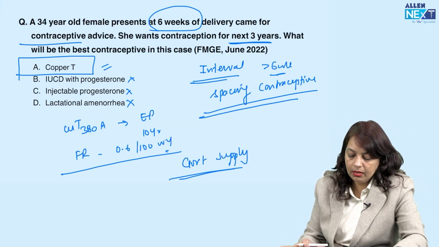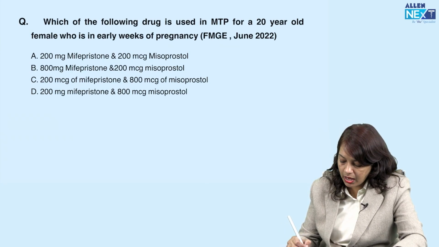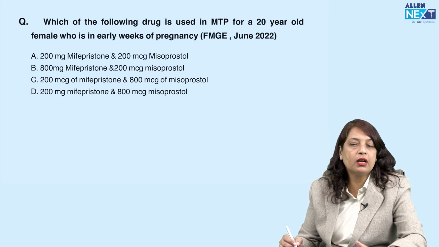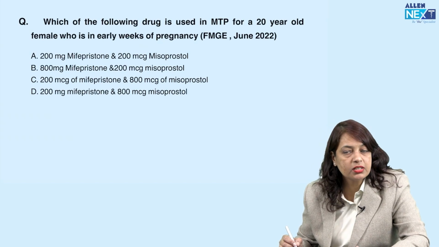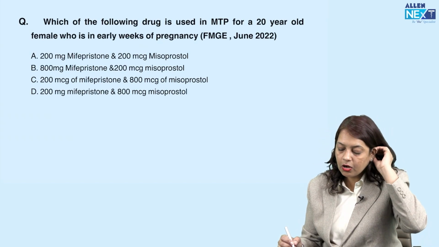Okay. Next, which of the following drugs is used in MTP for a 20-year-old female who is in early weeks of pregnancy? So they are asking about the abortifacient drugs which we use in the first trimester of pregnancy. Let us see the options.